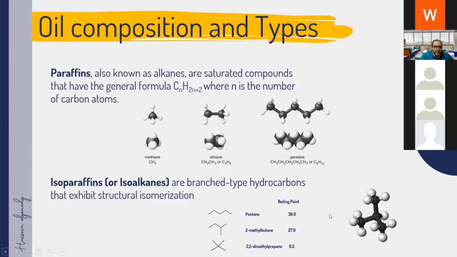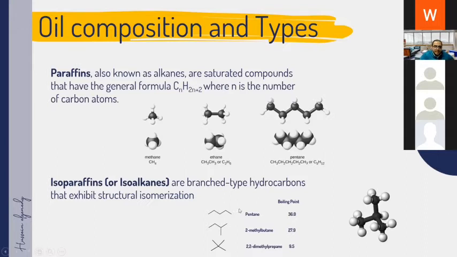The difference between the paraffins and isoparaffins is in the physical properties. The composition, or the chemical structure, is the same hydrocarbon, the same carbon atoms and the same hydrogen atoms, but there is a difference in the physical properties.